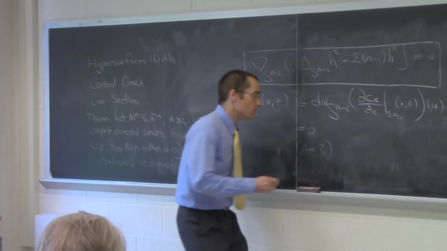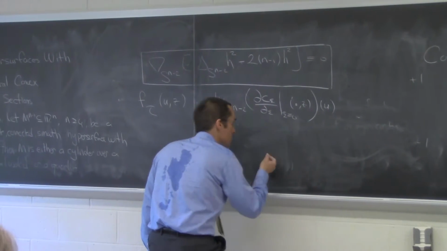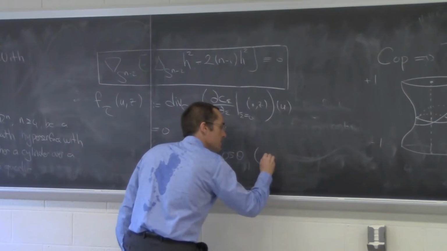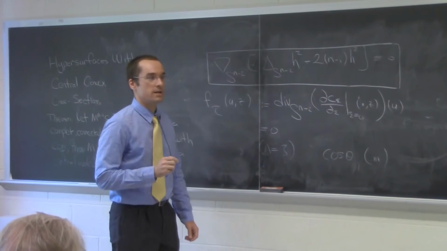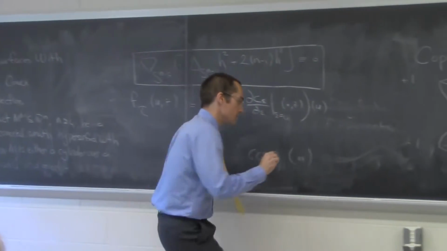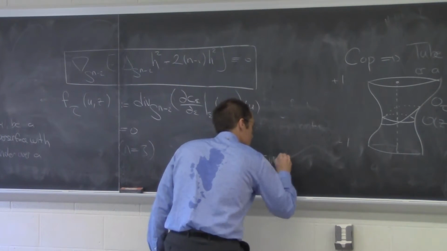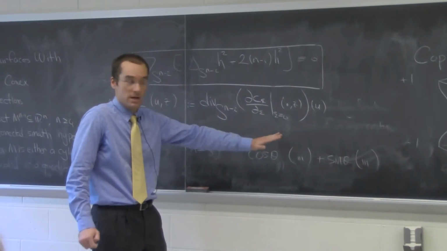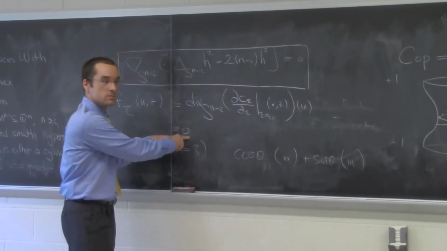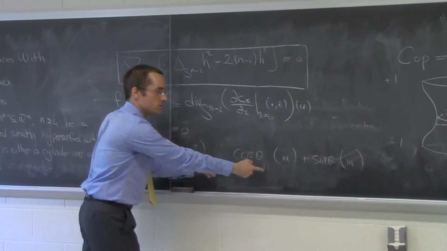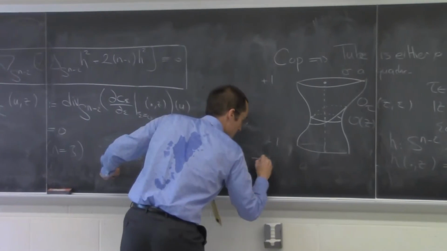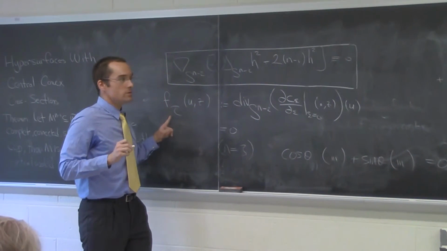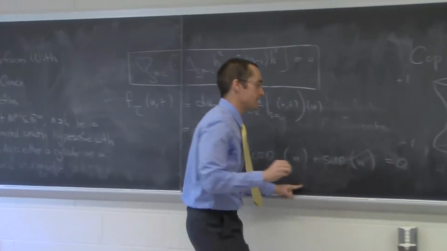For n equals 3, what I will get is cosine theta times some expression not depending on theta, plus sine theta times something else not depending on theta, and that equals 0. So this divergence is equal to this, and 0, right? But it is true for all tau, therefore it is true for all theta.